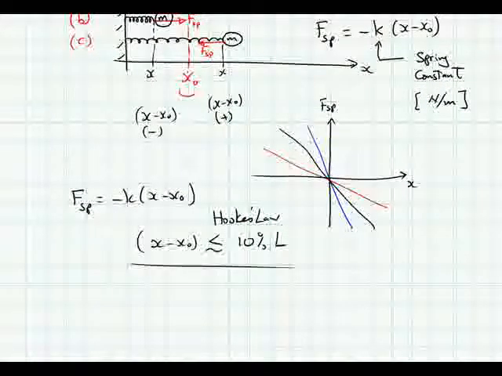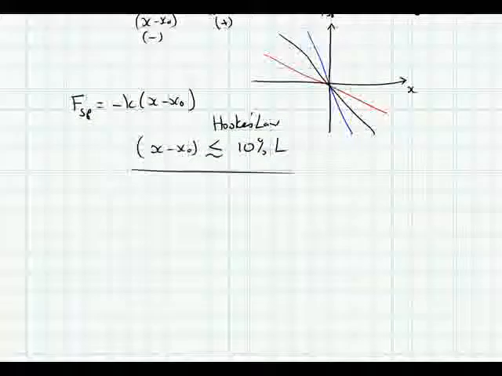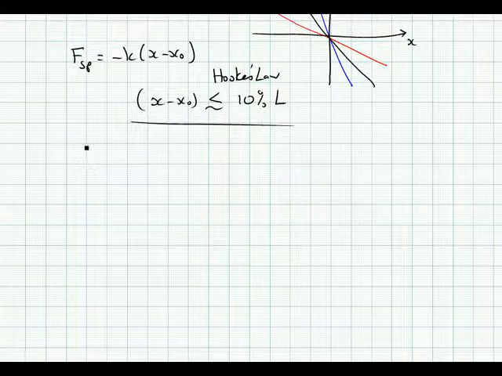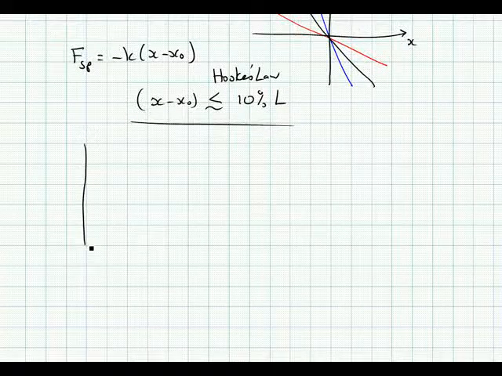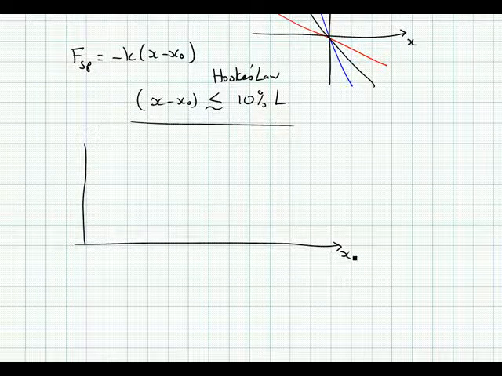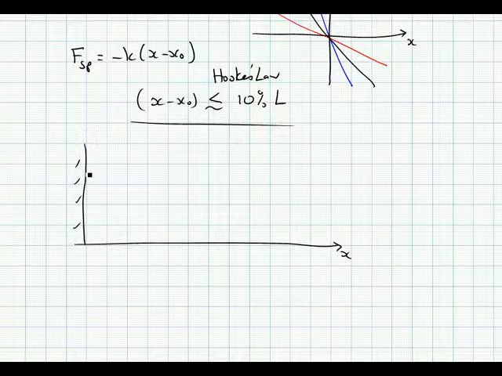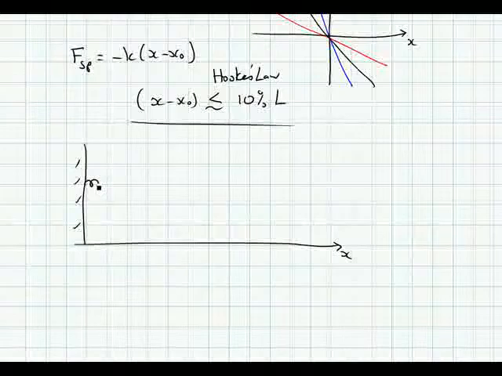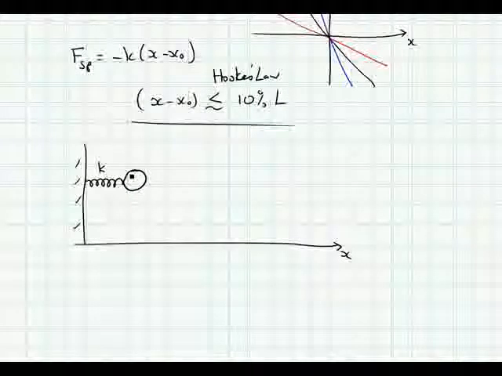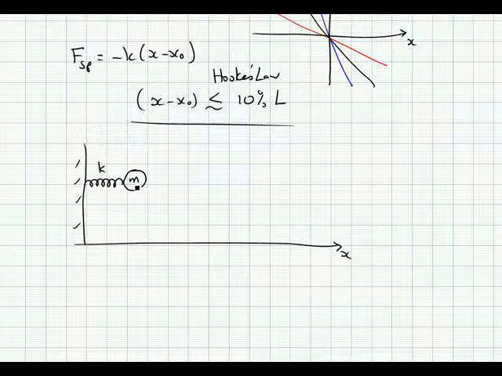Now let us consider the potential energy associated with the spring force. So once again, this is our x direction. Up against the wall we have the spring with a spring constant k, let's say, and we have a mass m which is pushed right against the spring.